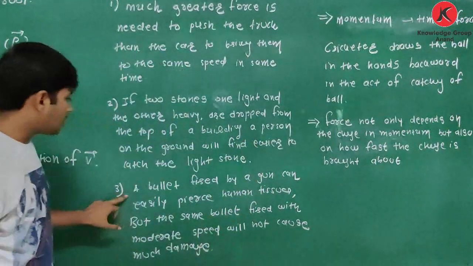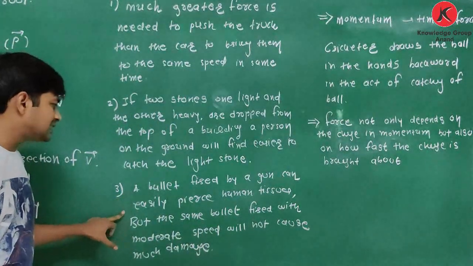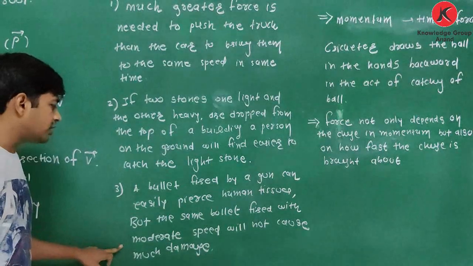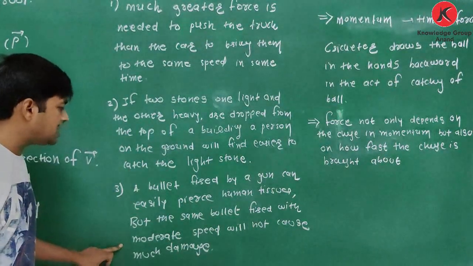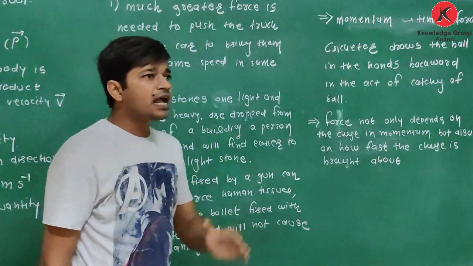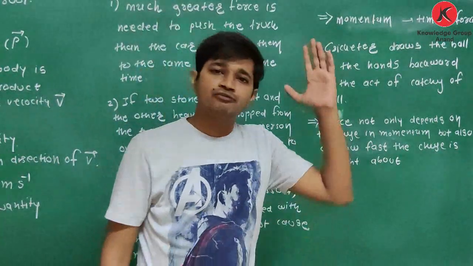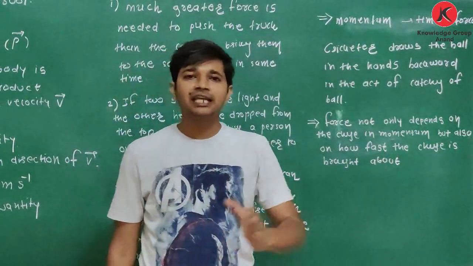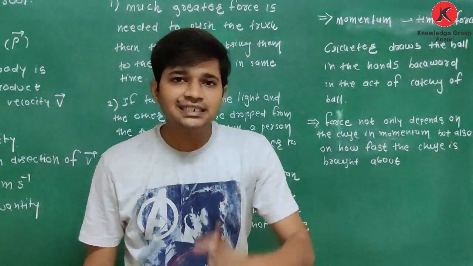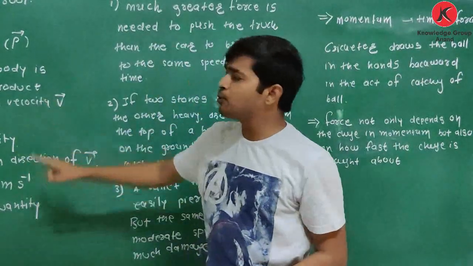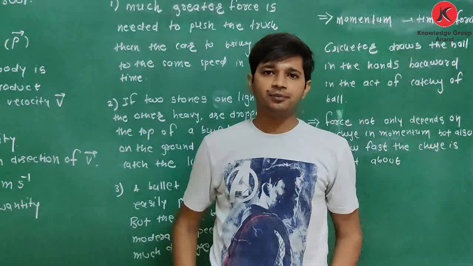So yes, a bullet fired by a gun can easily pierce human tissue, but the same bullet thrown with moderate speed will not cause much damage. This means there is importance of mass as well as velocity when an object is in motion. Clear about this? So it is the importance of linear momentum.